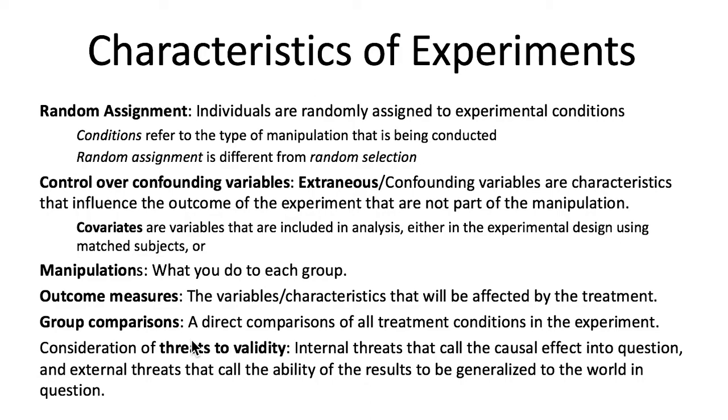Then I might have my medication groups who get the medication, but that might be separated into multiple groups. One receives, say, 10 milligrams, a second group receives 20, a third group receives 30. Now I could split those different dosages into additional categories where I talk about how often the drug is taken.